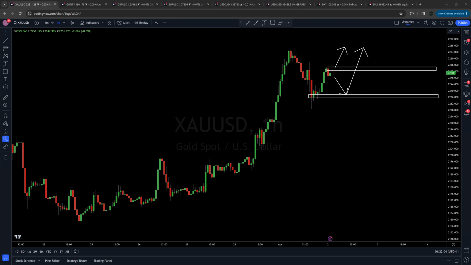But even though we may have this bullish price action lead us into these key areas, we still have to be very cautious here.